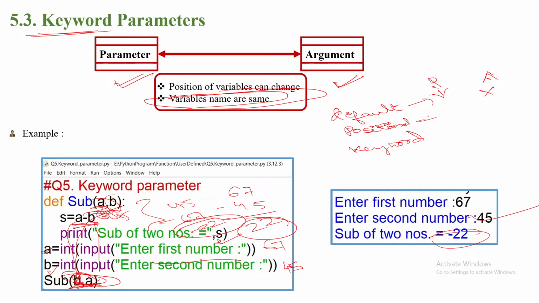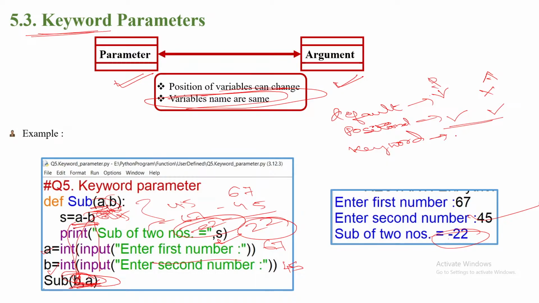Now positional, argument passing, parameter is also passing, but the number of variables is the same, and position of the variables cannot change, right?